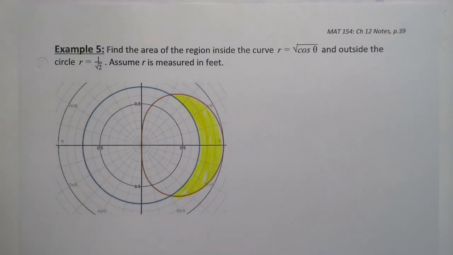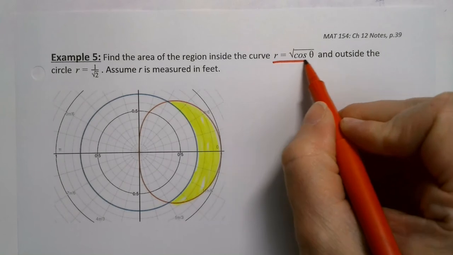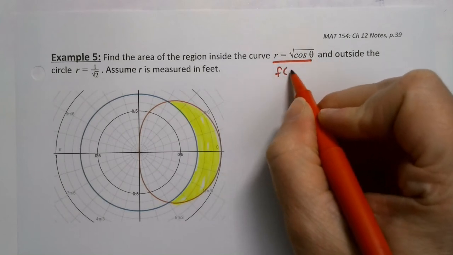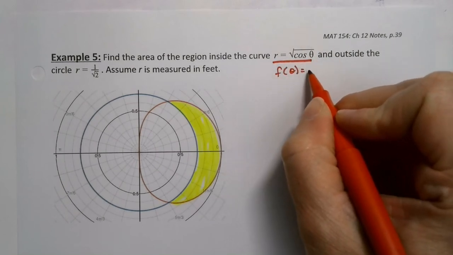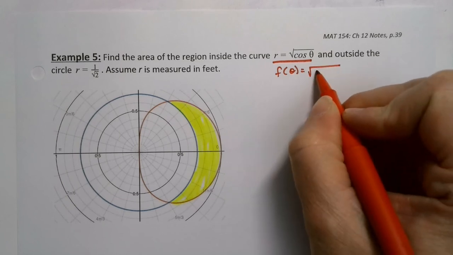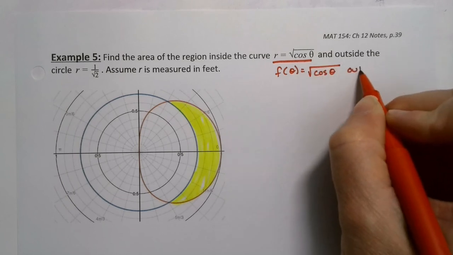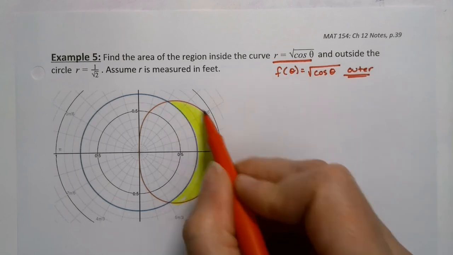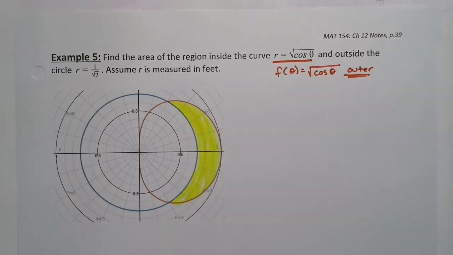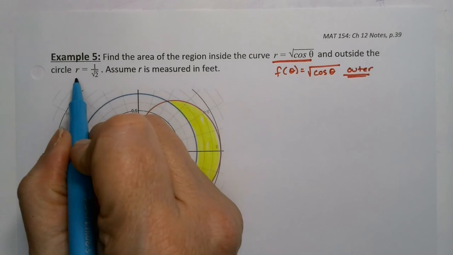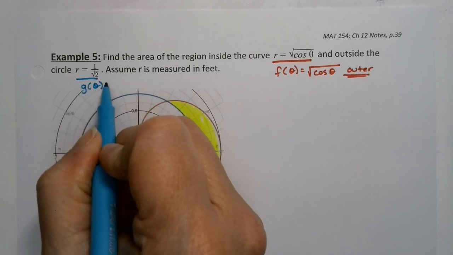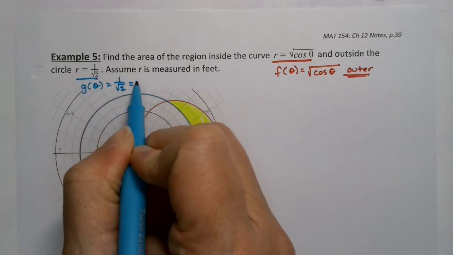So we're noticing that this red curve is my outer curve. So f of theta, which is the square root of cosine theta, is the outer curve, because it's definitely on the outside here. The inner curve is right here. That'd be g of theta, which is 1 over the square root of 2.